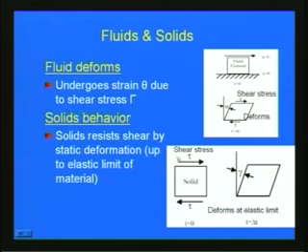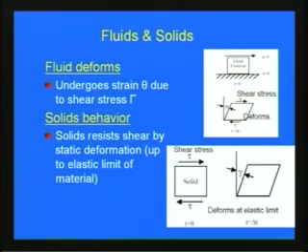And if you consider solids, here you can see a small ball. Even if you apply some shear stress, it will not deform to a certain level. That means until it reaches its elastic limit, it can sustain the shear stress and will not deform.